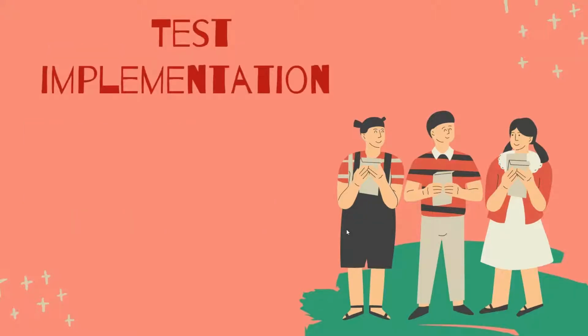Test implementation. The testing implementation phase activities consist of a series of tests, corrections of detected errors, and retests or regression tests. Testing is culminated when the retest results satisfy the developers.